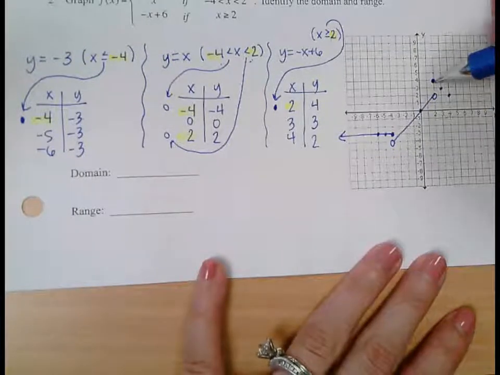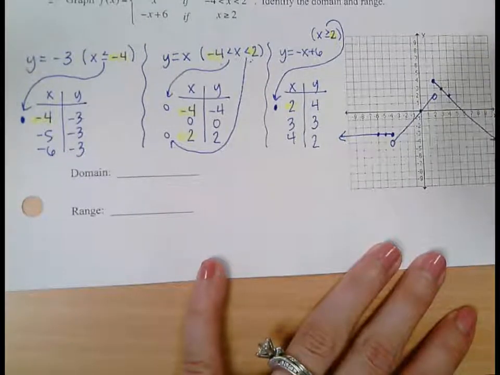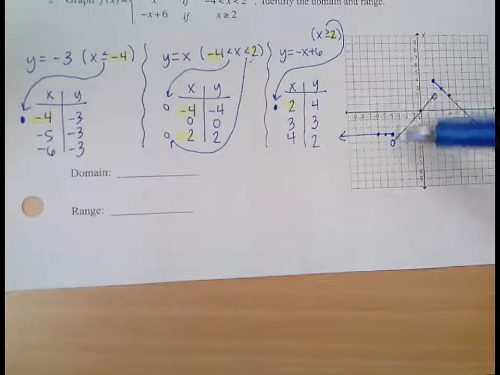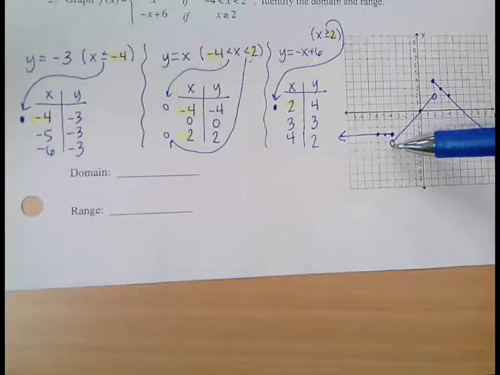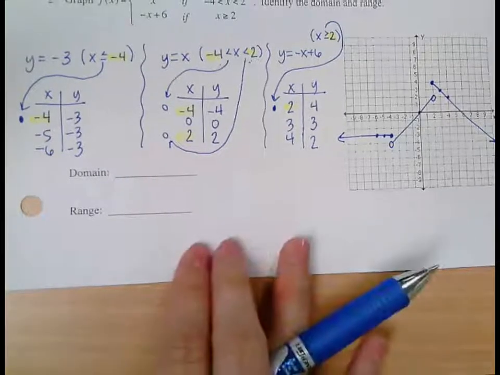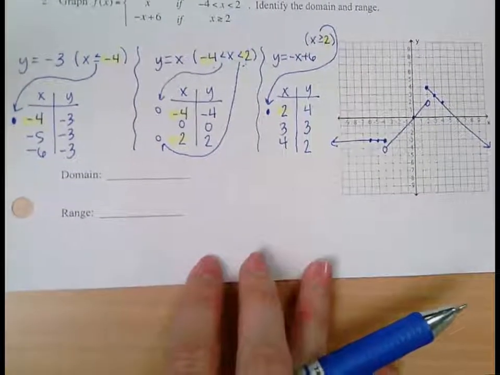So starting at 2, 4, this part is extending down and to the right to go through those other points. And you can always double check. So if you notice at the x value -4, I do have 1 dot, 1 circle. At the x value 2, I have 1 dot, 1 circle. They can both be circles, they just can't both be dots. So that's where you'd have to check for. All right, that's the graph.